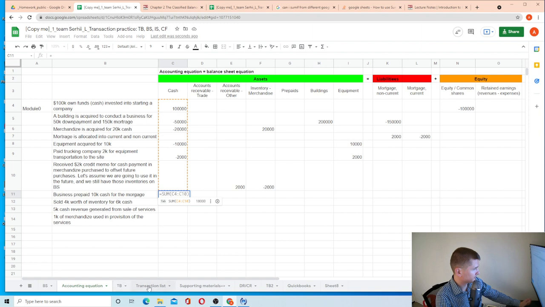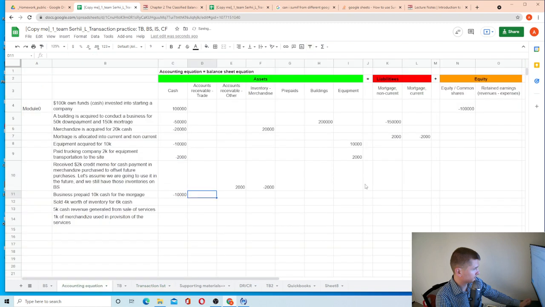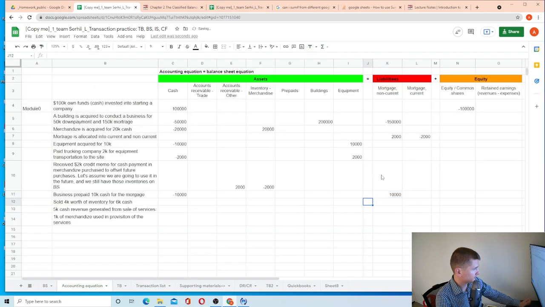Let's start with the cash. I always like to start with the cash. Transaction list, cash, and we decreased non-current mortgage. Okay, done.